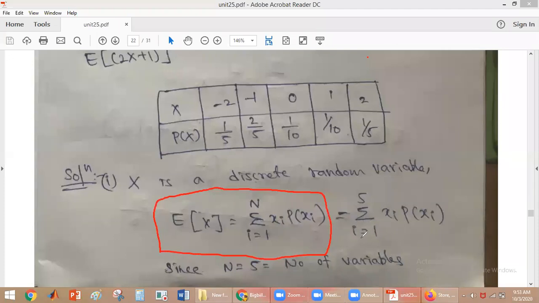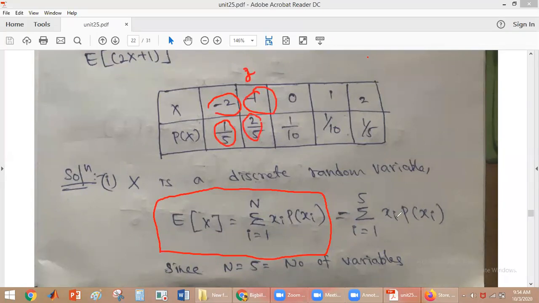So it is equal to summation i equal to 1 to 5. How many elements do we have? Totally 5 elements. That is why it is i equal to 1 to 5, xi p of xi. Now if we expand this, x1 is nothing but -2, and p of x1 is 1 by 5. x2 is nothing but -1, and p of x2 will be 2 by 5, like that.